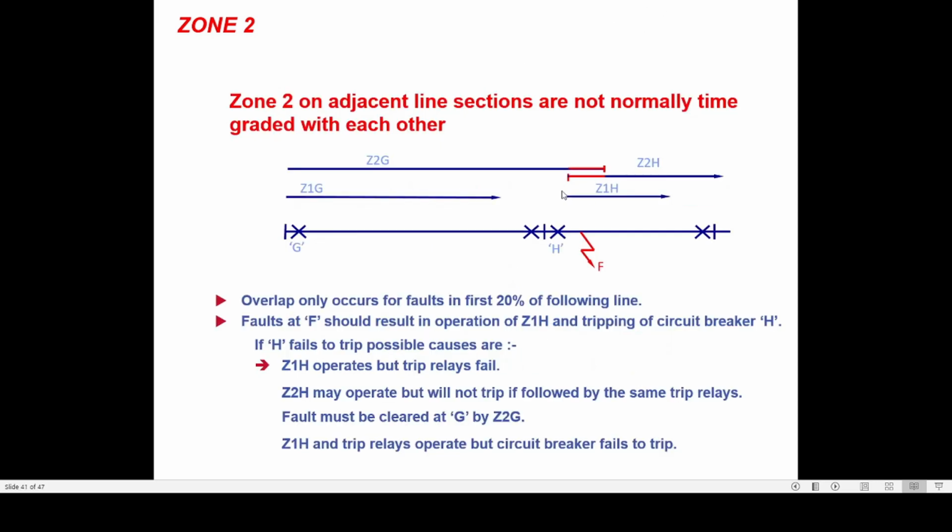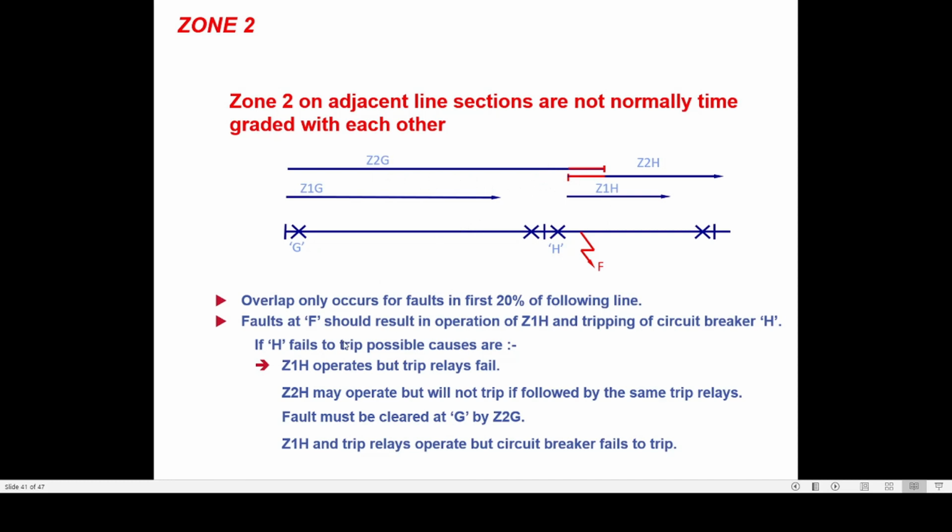The overlap generally occurs in this 20% portion, where zone 2 of the relay at G and zone 1 and zone 2 of the relay at H overlap. If you coordinate zone 2 of the relay at G and zone 2 of the relay at H, you will not achieve anything.